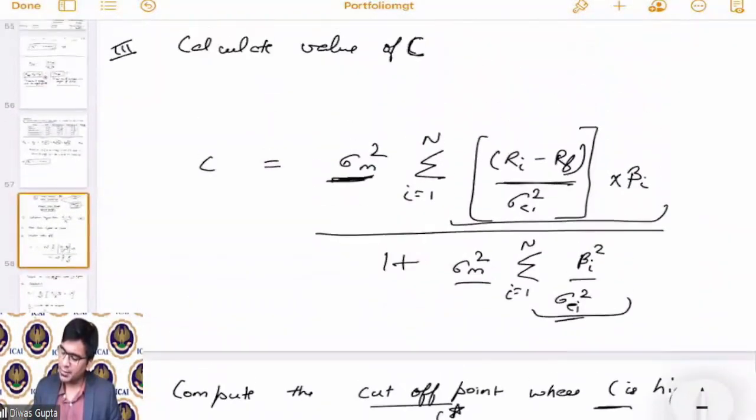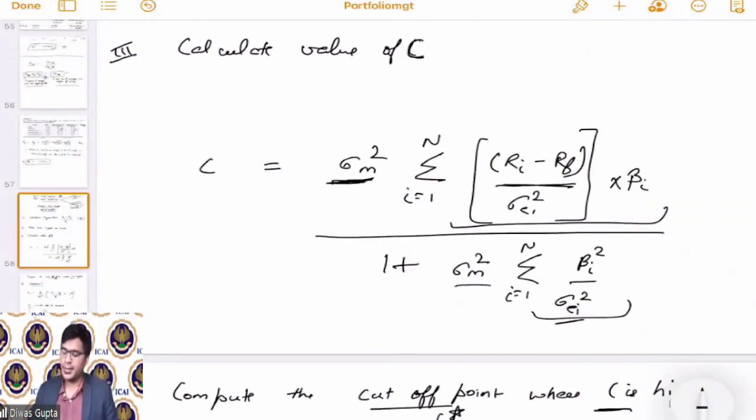This is simply the formula copied there.